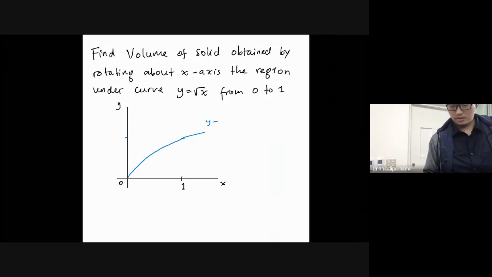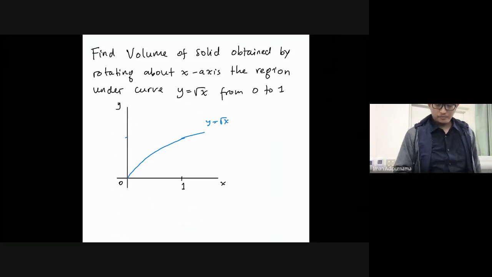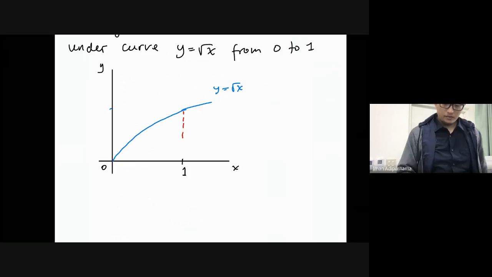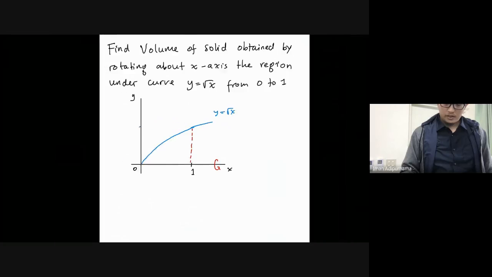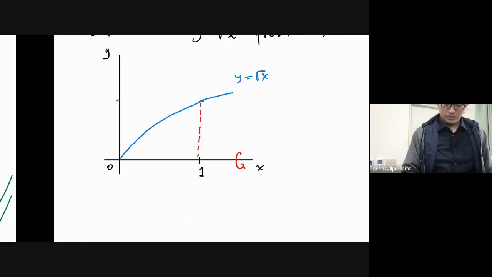Maybe this is y equals square root of x. Now you need to rotate about the x-axis. So you will have this rotation.